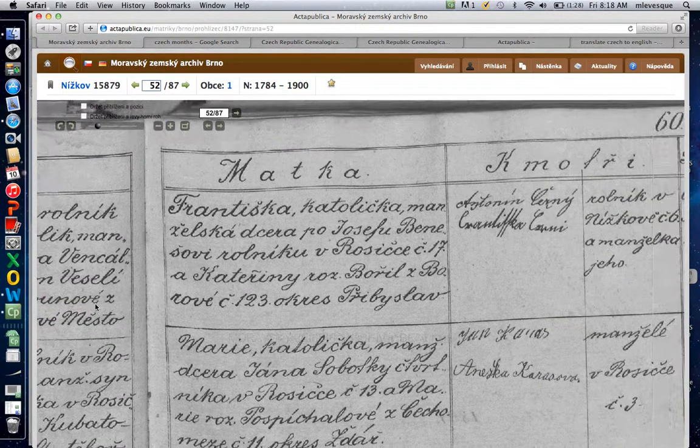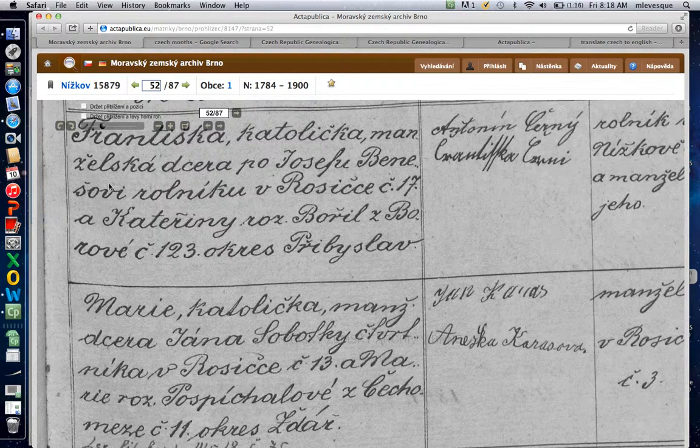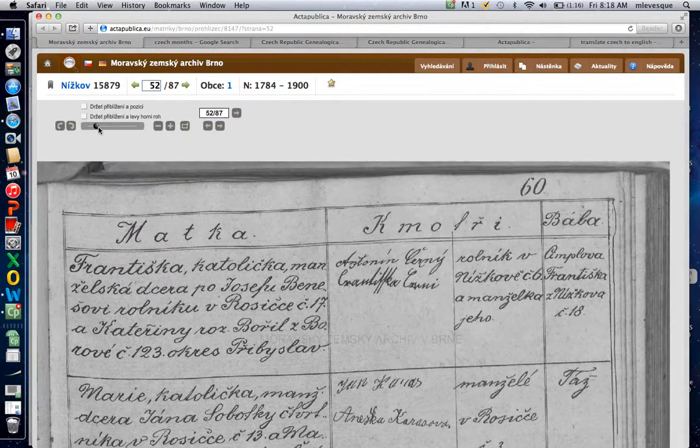I'm going to scoot over to Matka, mother. She is Franciska. She is a Catholic. Notice the A because it is a feminine noun or a feminine word, so it changes. She is the legitimate daughter of, by way of, and I think this is Joseph Benesh.